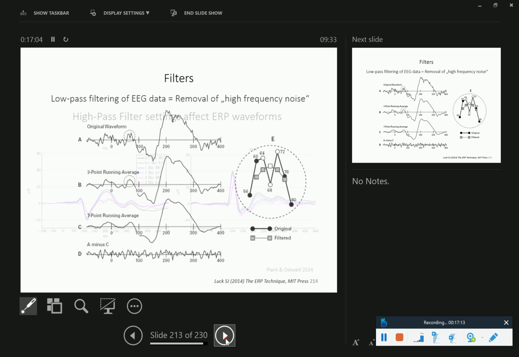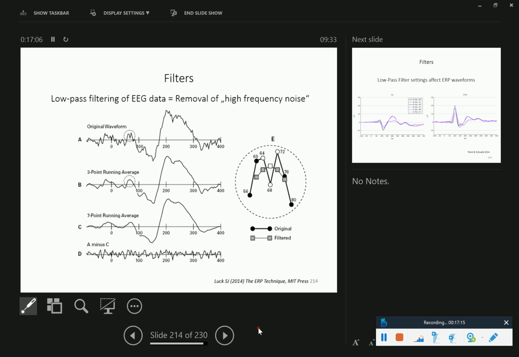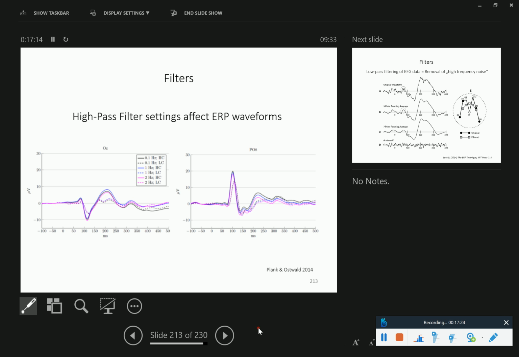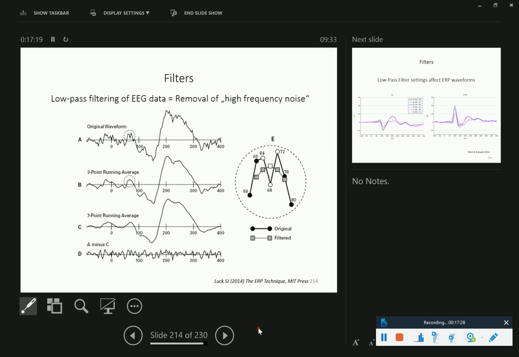Filters can not only be understood, especially in this case now low-pass filtering. Oh yeah, this is the step here. So that was high-pass filtering. We're now looking at the effect of low-pass filtering. Low-pass filtering can be understood as removal of high-frequency noise, as we have already seen in this 60 Hertz filter example.